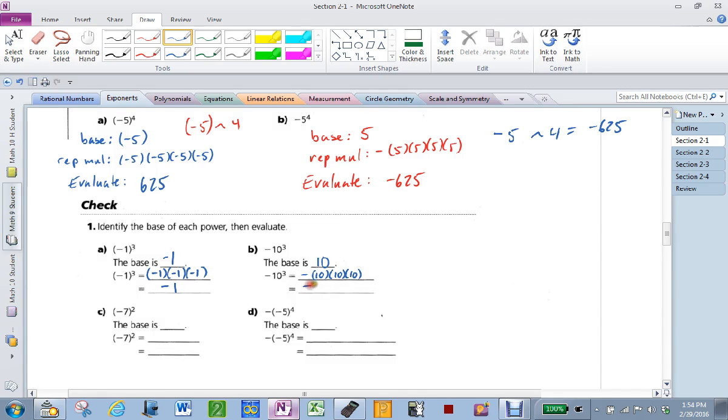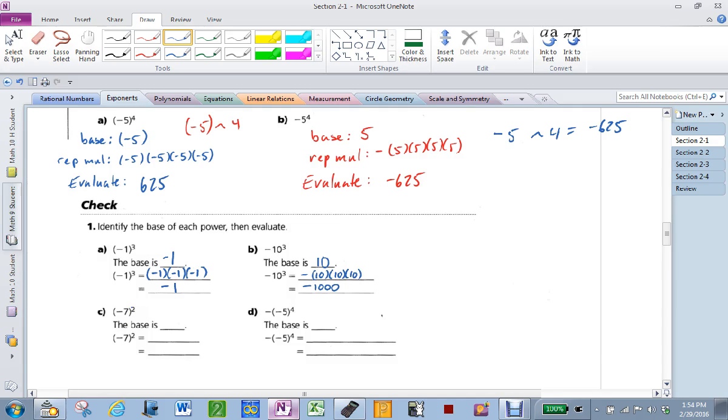And then I have to remember it's negative 1,000. Does everybody see that? It's very subtle, the difference, and it's easy to forget about. Because it can screw you up a big deal later on, can't it? Negative 1,000 is a heck of a long way from positive 1,000, isn't it?